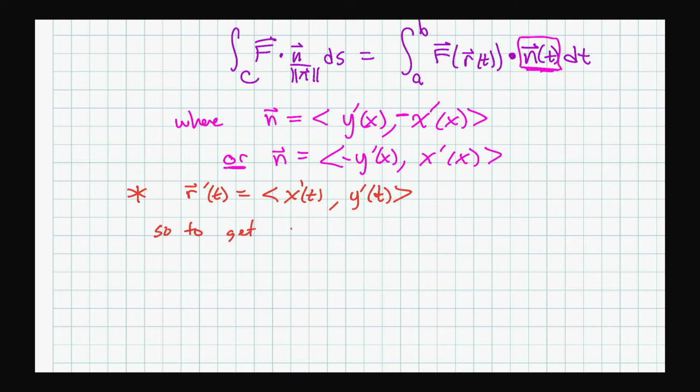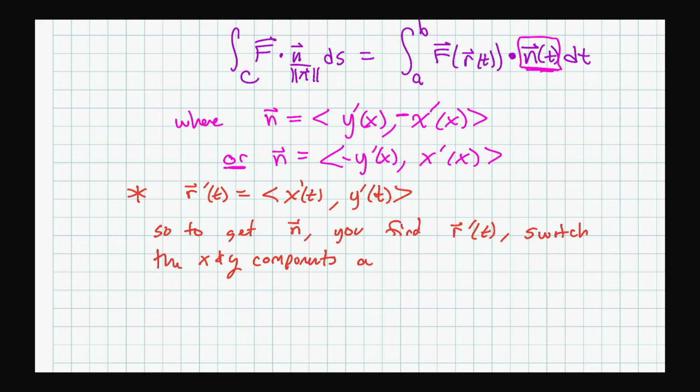So to get n, you find r prime, switch the x and y components, and add a minus sign to one of them.